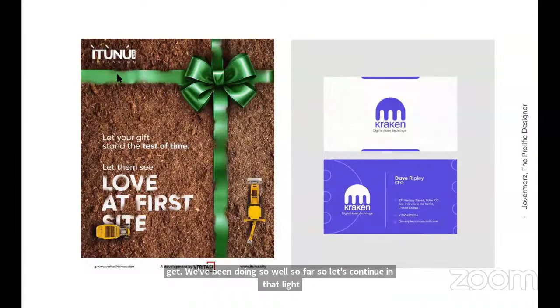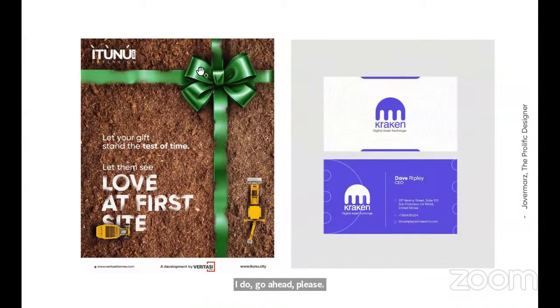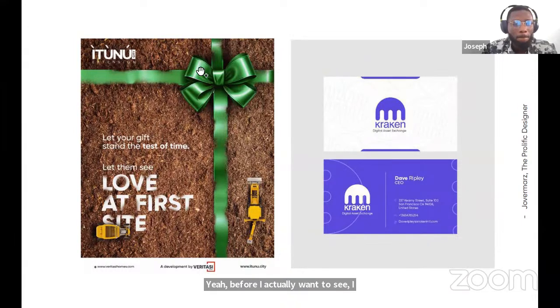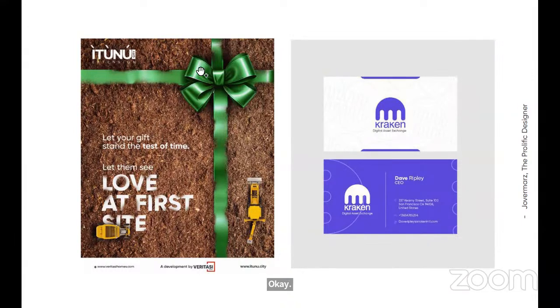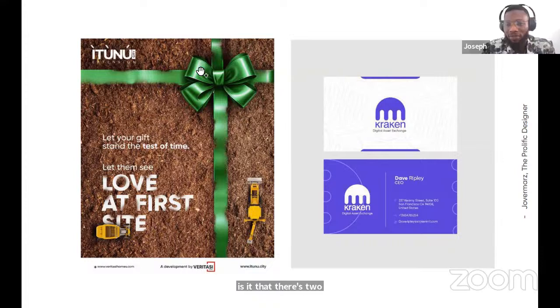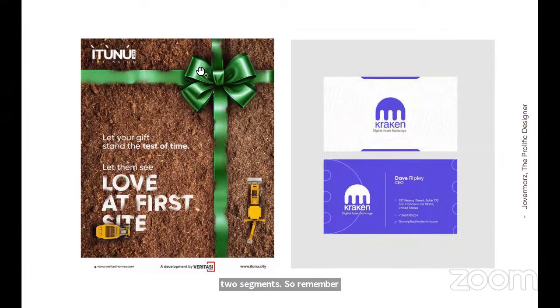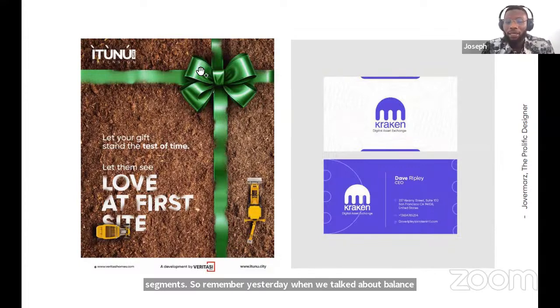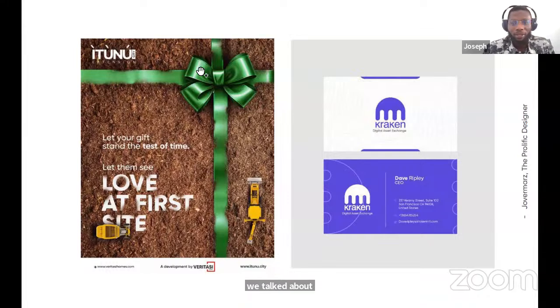Yeah, I want to ask a question, sir. The business card, is it that there are 2 segments on that second business card? The back, that's the back of it. Yes, sir, back and front. 2 segments. Remember yesterday when we talked about balance? We talked about asymmetrical balance and symmetrical balance.